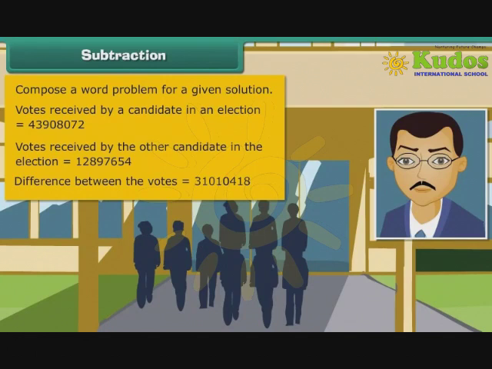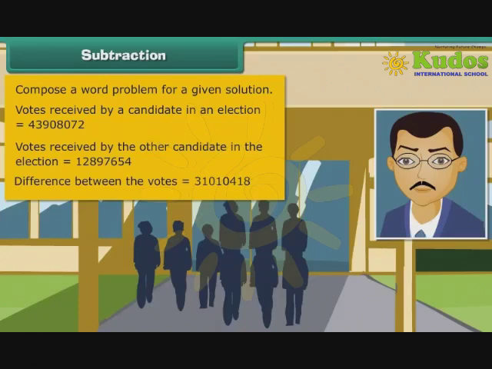It is clear from the solution that there are two candidates in the election. One of them receives 43908072 votes. The other receives 12897654 votes. The difference in the votes of the two candidates has been calculated. This must be the requirement of the question.